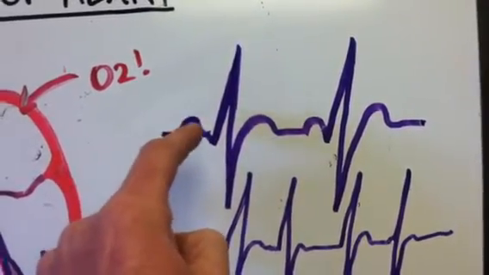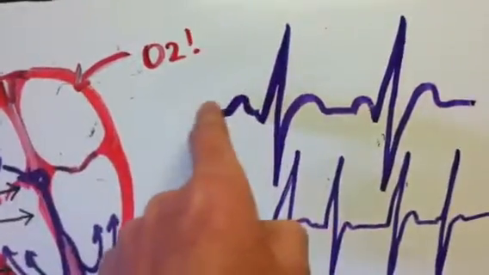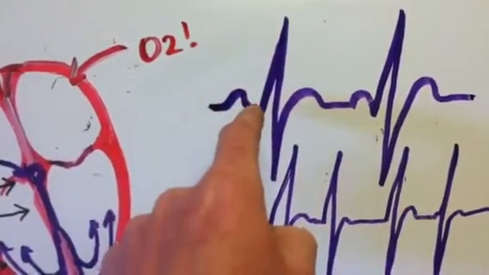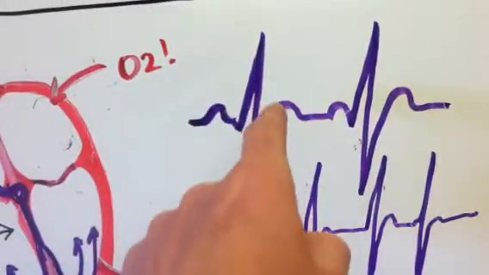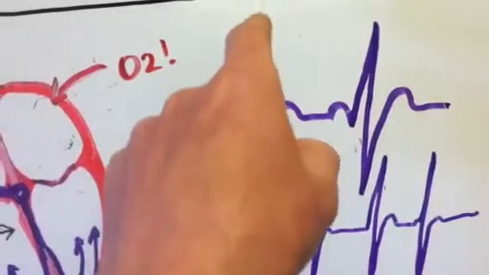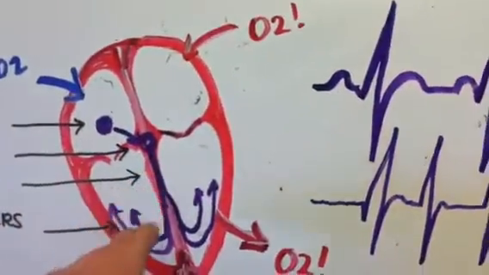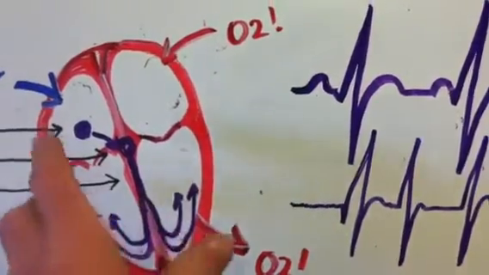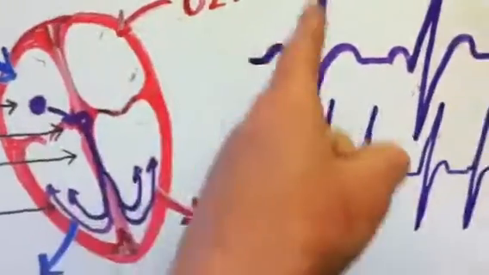This first little wave here is actually the SA node depolarizing, and then this big one's the important, well, they're all important, but this one's called the QRS. And that is when the actual ventricles are depolarizing, and that corresponds with the actual squeeze of the heart.